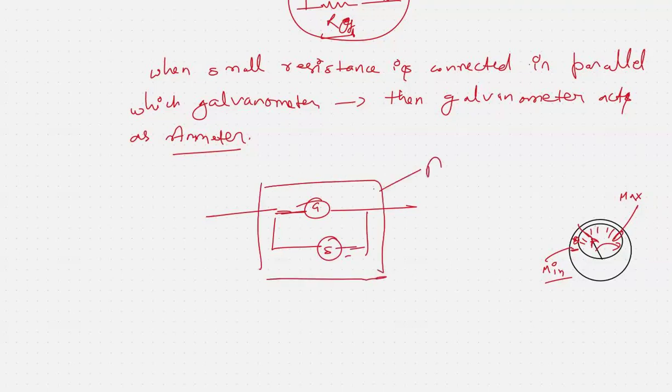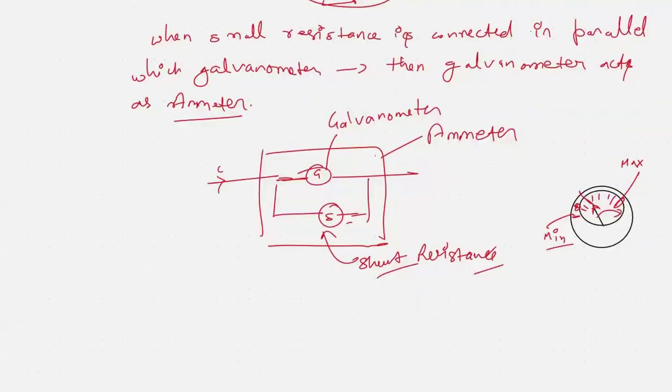Galvanometer, shunt resistance. Okay, that is the thing. Assume that this is the maximum current I which is going into the circuit.